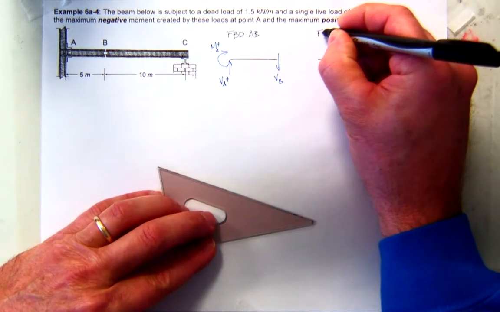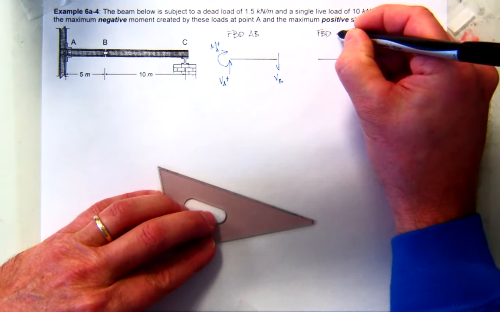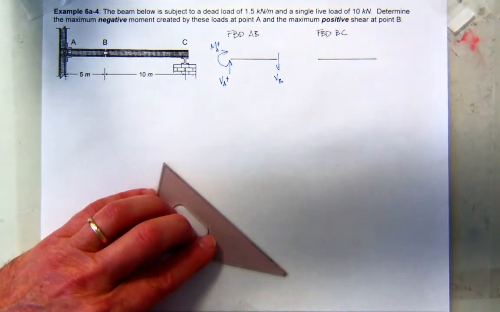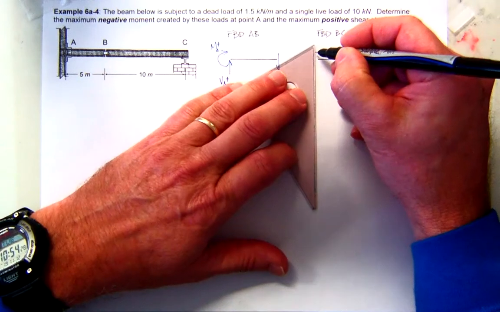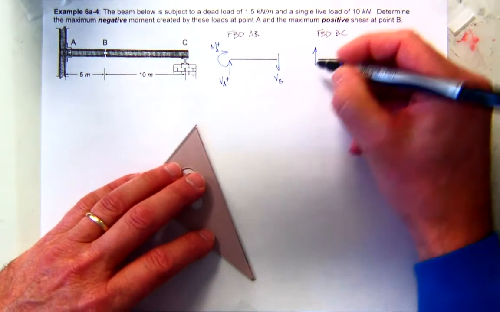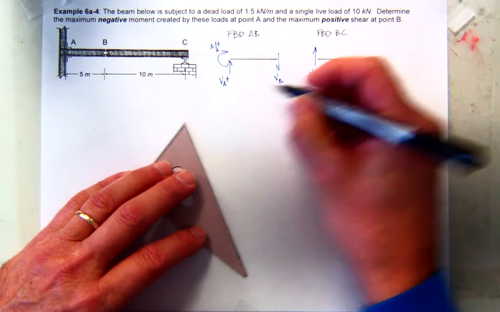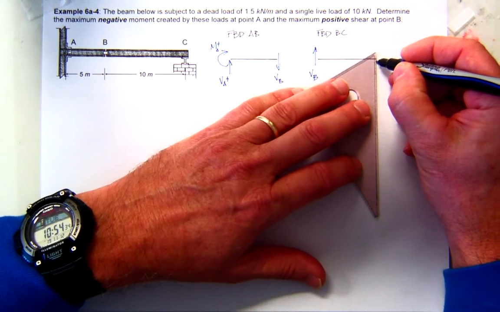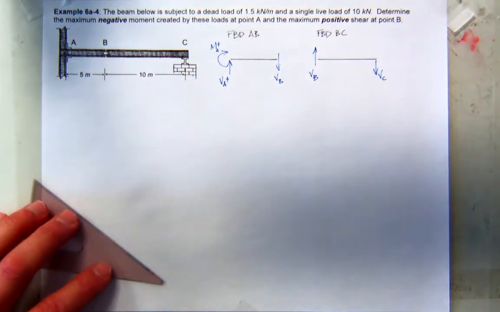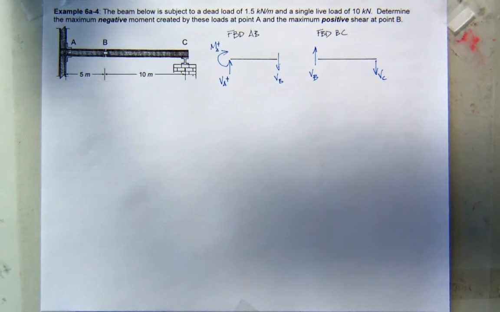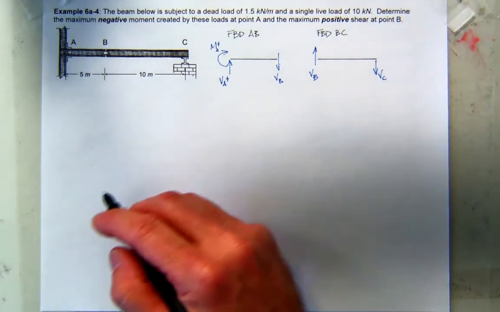This would be the free body diagram from B to C. Well, since I've assumed my shear force is down here, it has to be up here. And then I get all the way to my reaction at C. That's what I've assumed. Okay?